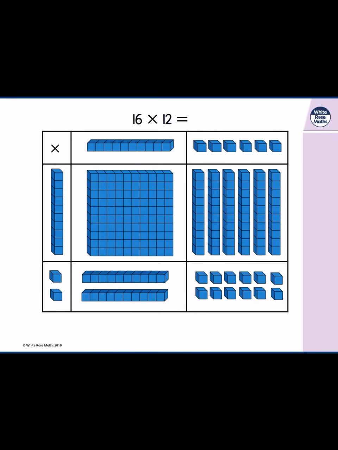Now when it comes to finding out the total, I need to have an exchange. Because I can see in the bottom right hand I've got 12, which is a 10 and 2 ones. So I'll exchange for a 10. Now I can see I've got 2 ones, I've got 9 tens and 100. So in total I've got 192.